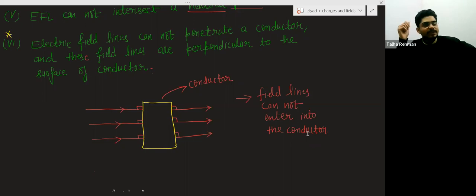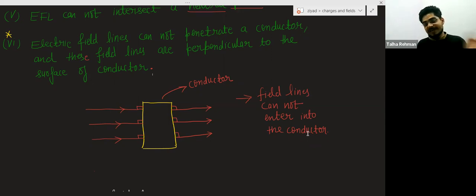For example, if there is a case of thunder, to protect yourself from that lightning during a thunderstorm, what you should do is sit inside the conductor.